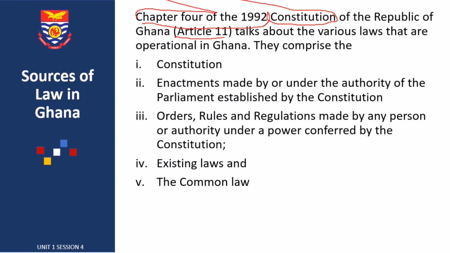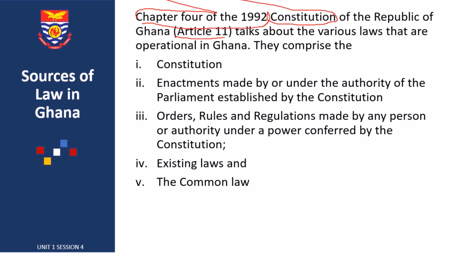Existing laws are the laws that came into existence before the Constitution. But these laws are only part of our laws provided that they are consistent with the Constitution. It means that any existing law that is inconsistent with the Constitution is invalid. If you pick the Criminal Law Act and the Constitution, the Criminal Law Act was passed before the Constitution.